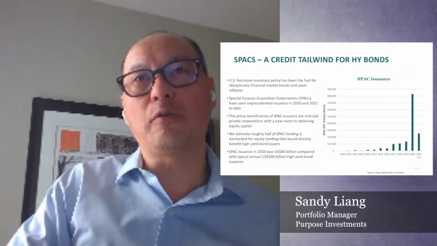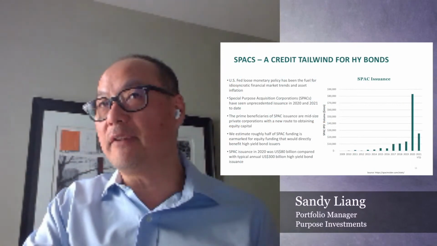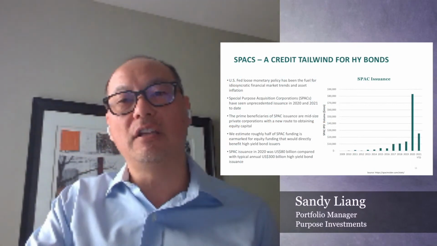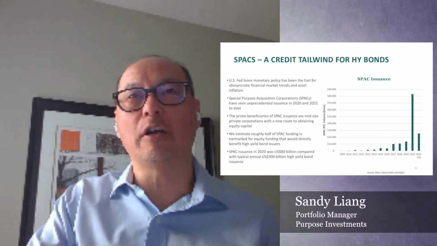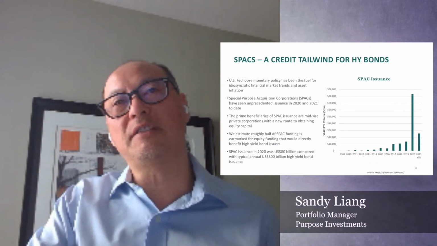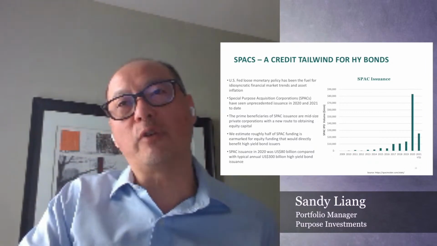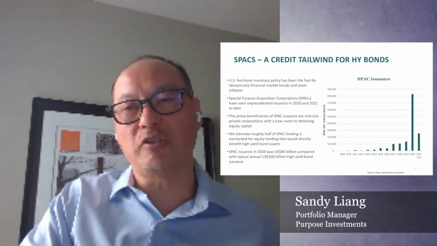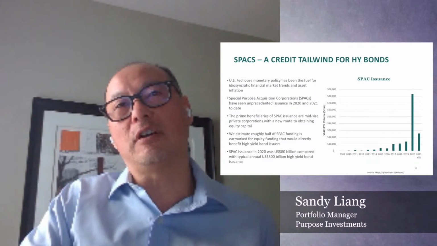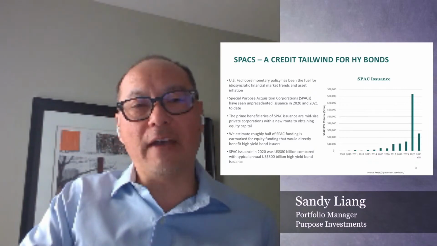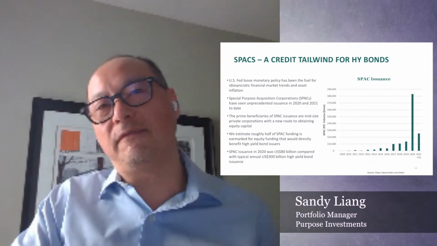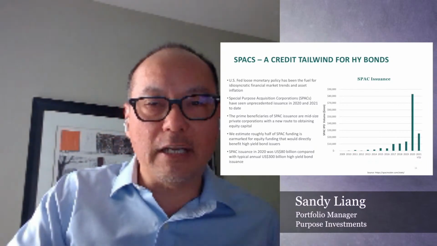Another area that we're focused on right now is SPACs. We're not investors in SPACs, but we feel that SPACs are a real tailwind for the high yield market in 2021. A SPAC is a special purpose acquisition corporation. The company is formed just to make acquisitions. To make a long story short, the Fed has been very accommodative. Global central banks have been very accommodative.